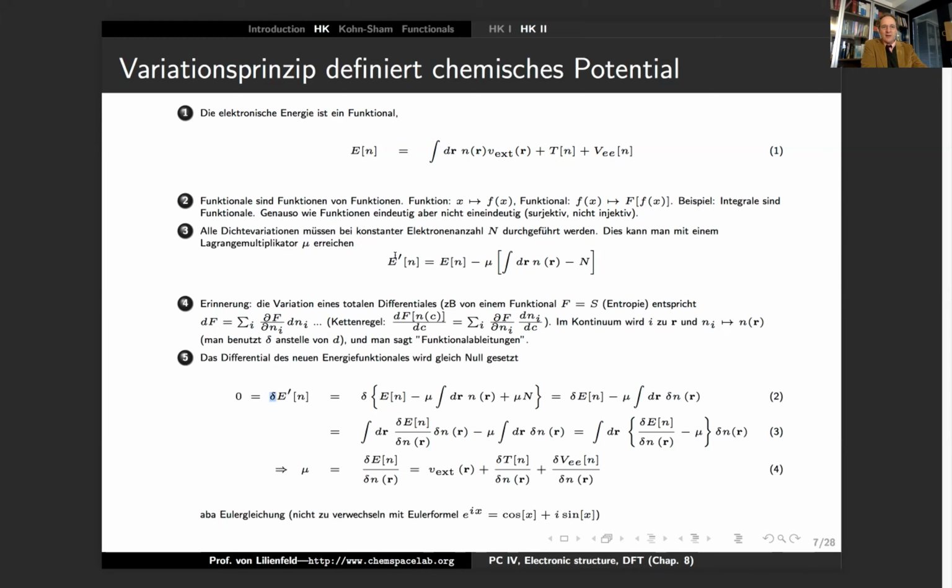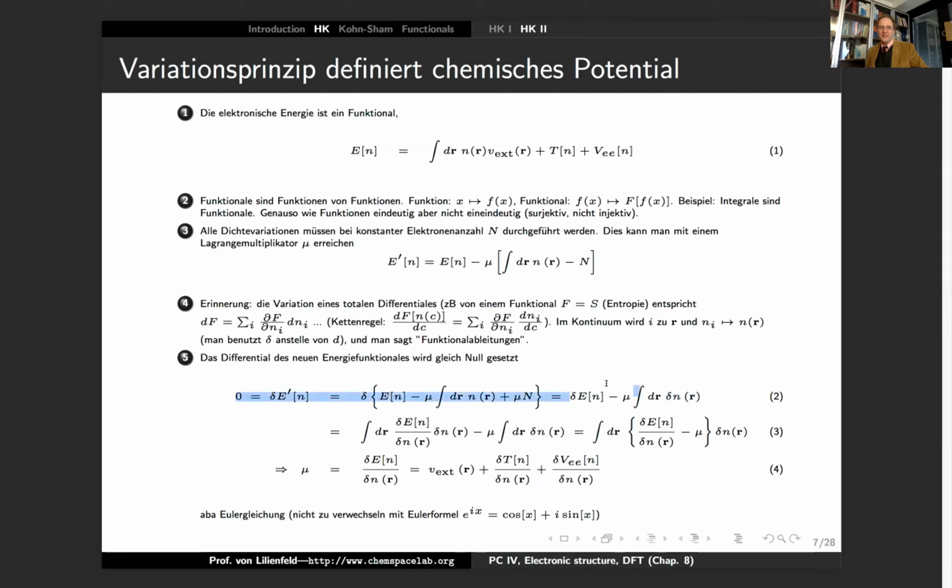And so if we want to vary our constrained energy functional, we write it like this. This is akin to this df now. The differential operator is of course linear, so you just pull this through, and your N here is just a constant, so it doesn't vary, and you're only left with a variation in your electron density.